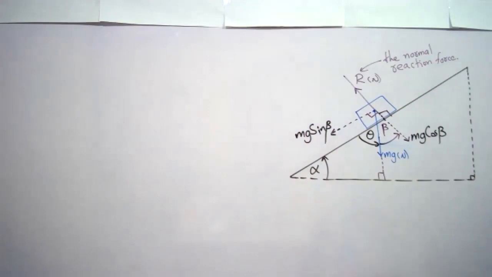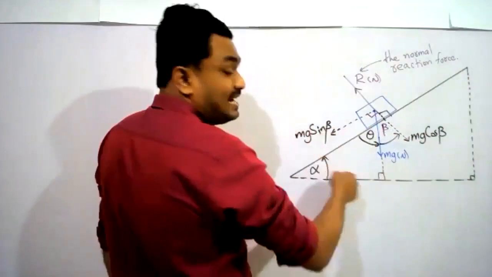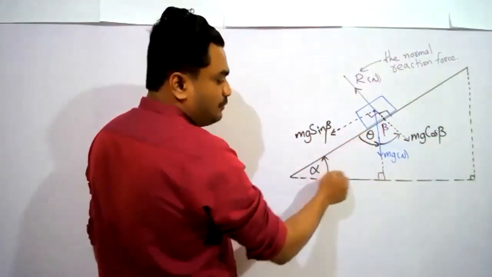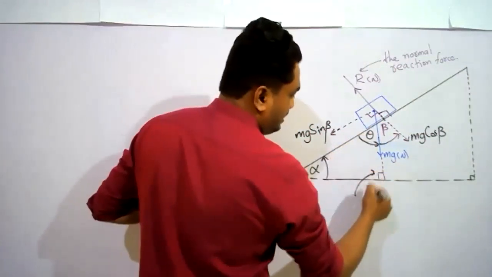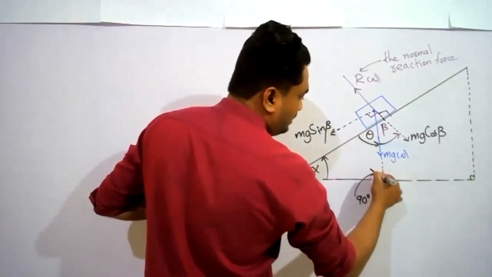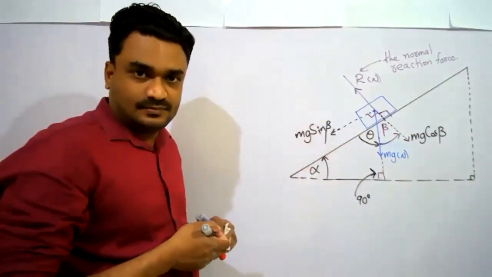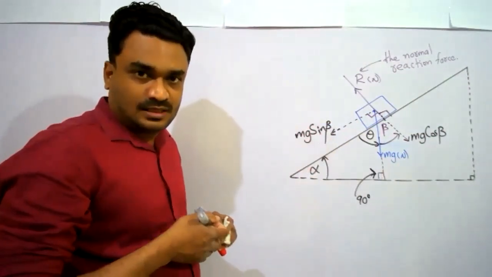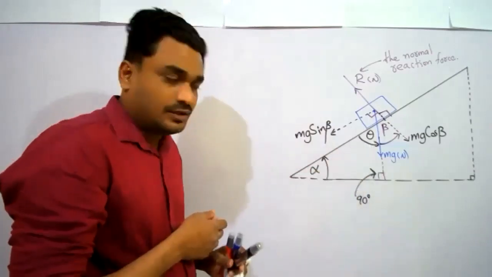Right. Look at the board here. If you consider this theta, alpha, and this 90 degrees, they are the internal angles of a triangle.